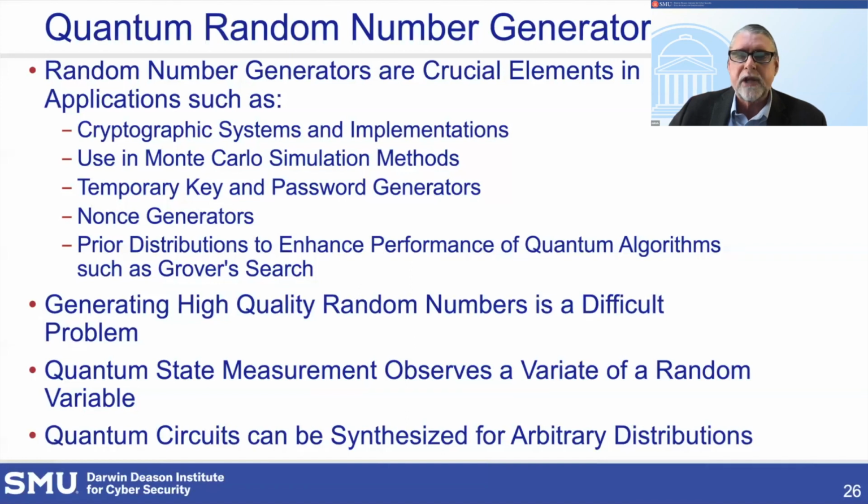A standard projective measurement, as you know, will collapse to one of the measurement bases with respect to the square of the magnitude of the probability amplitude. So we're going to take advantage of that by building quantum random number generators.